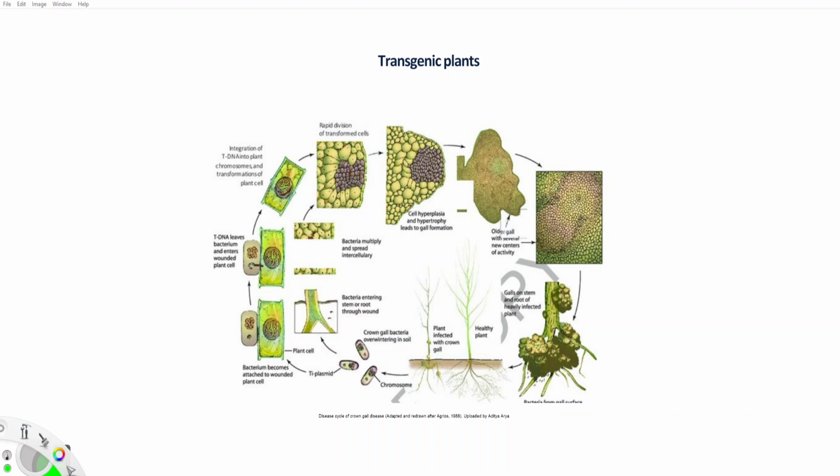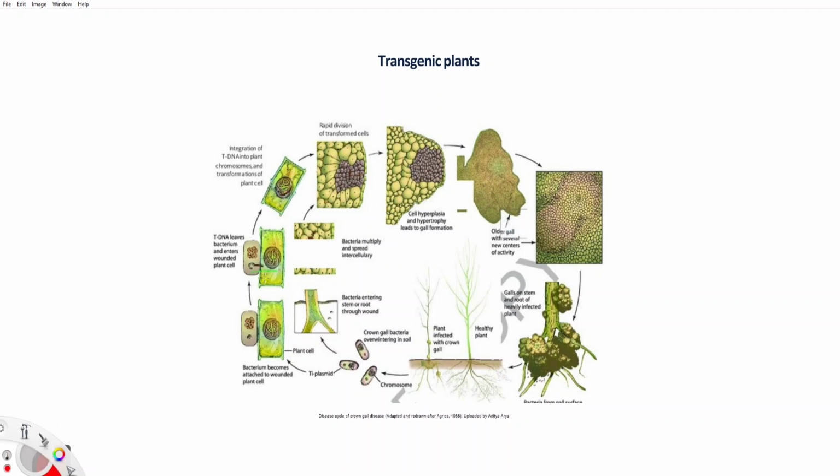I actually found this very nice diagram adapted from a research paper from the journal Agrios in 1989, adapted by Aditya Anya. It explains the normal pathway. You have healthy plants and an infected plant. The crown gall bacteria are just over there in the soil, and as soon as they make it there, you see this is the bacterium, and it's going to transfer the DNA here.